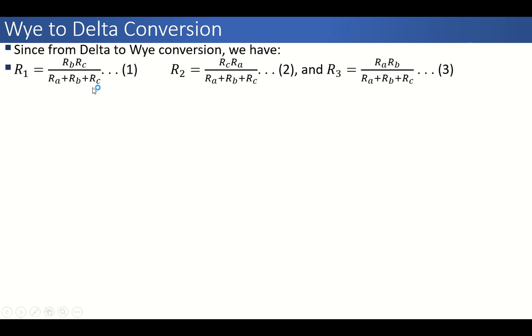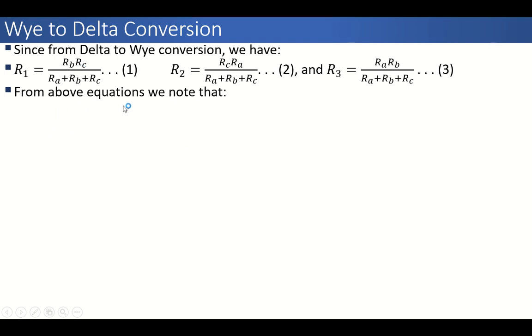R1 is equal to RB and RC divided by the sum of the resistances in the delta network, and the second R2 is RC RA divided by the sum of the delta network resistances, and R3 is equal to RA RB divided by the sum of the delta network resistances. So remember that converting from Y to delta means that we want to find the value of RA in terms of R1, R2 and R3. Similarly, we want to find the value of RB in terms of R1, R2 and R3. And finally, we want to find RC in terms of R1, R2 and R3.